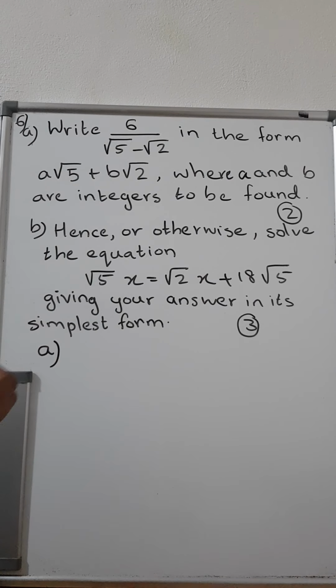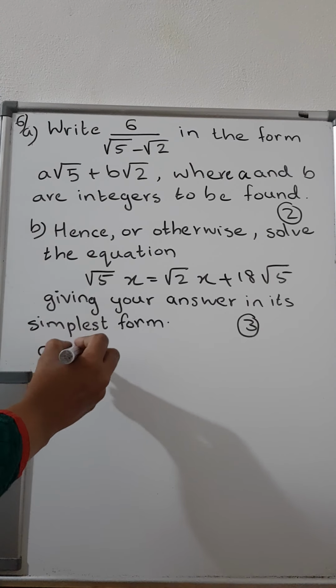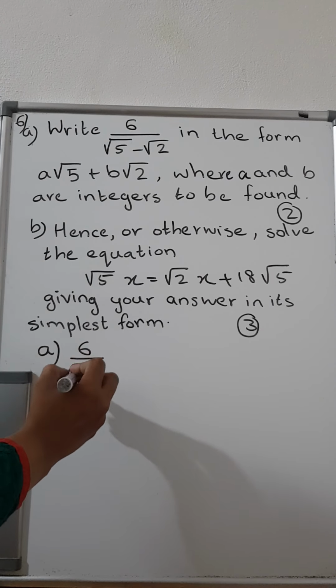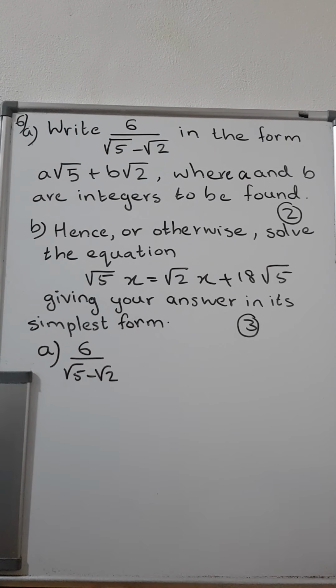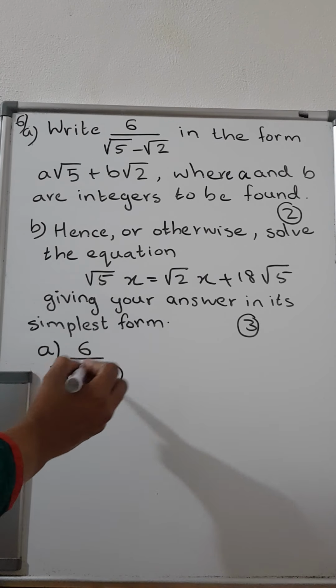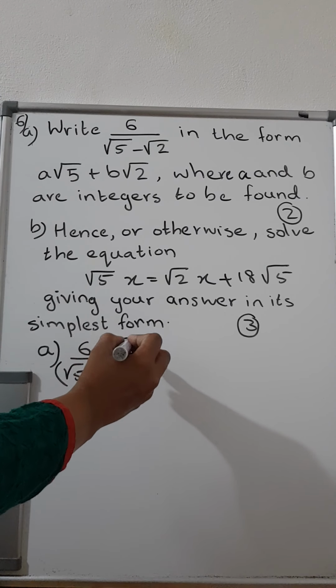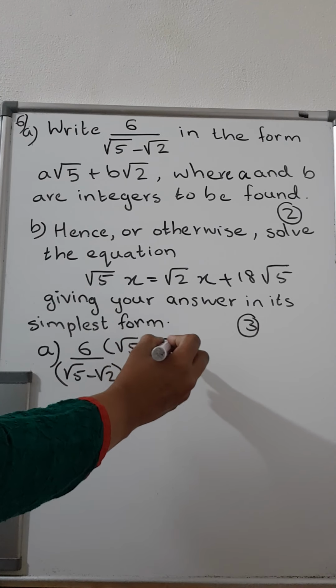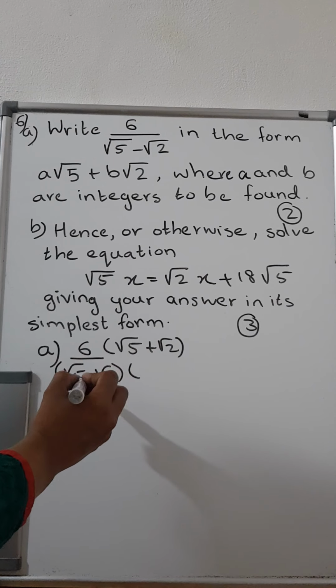We have to write 6 divided by root 5 minus root 2 in the form a root 5 plus b root 2. For that, what we need to do? We have to rationalize the denominator. For that, we have to multiply numerator and denominator with root 5 plus root 2.